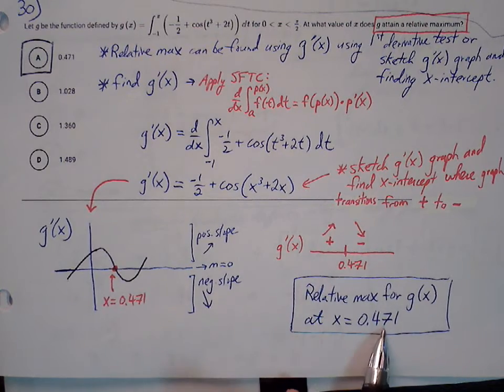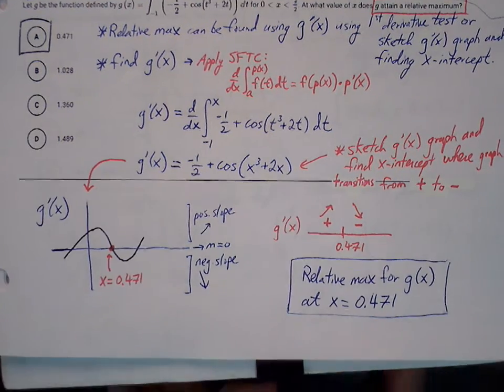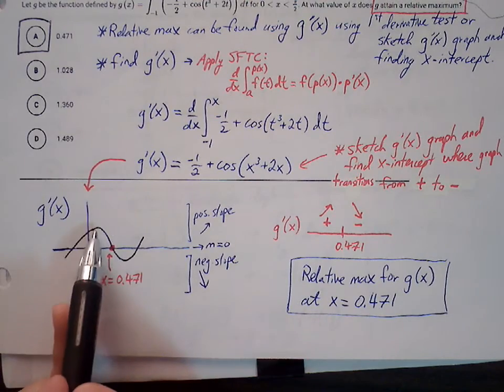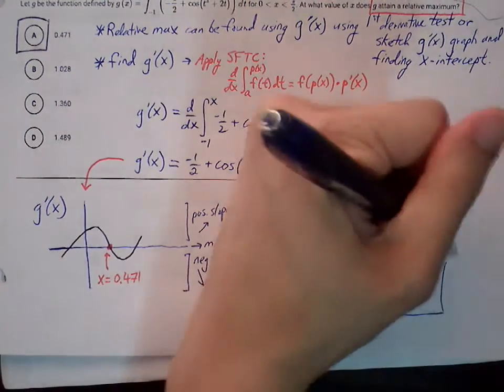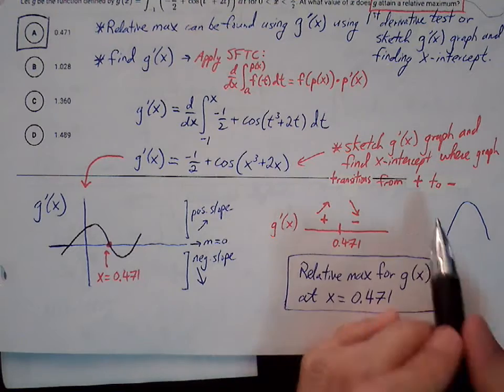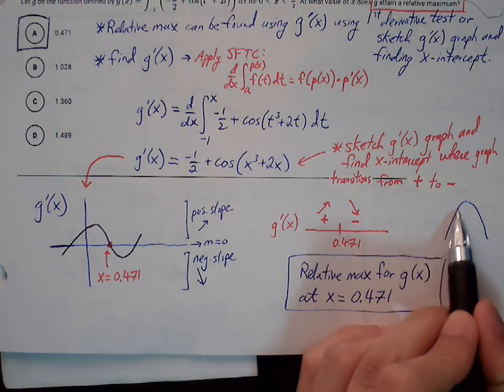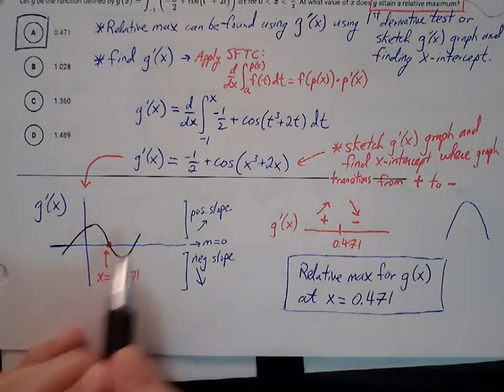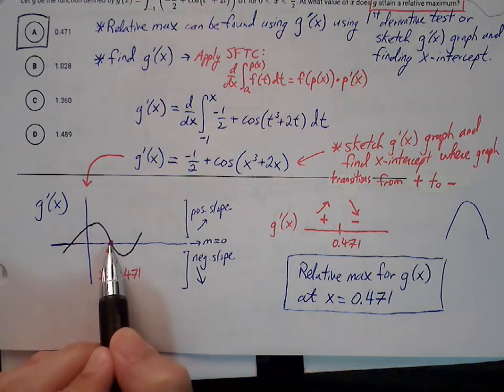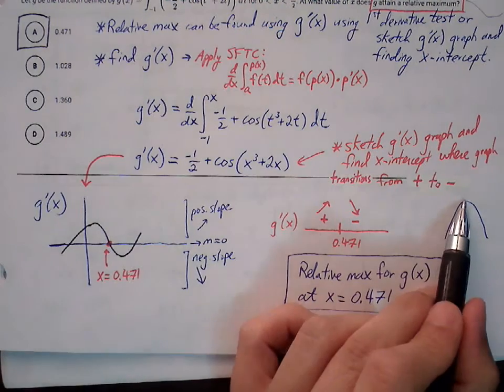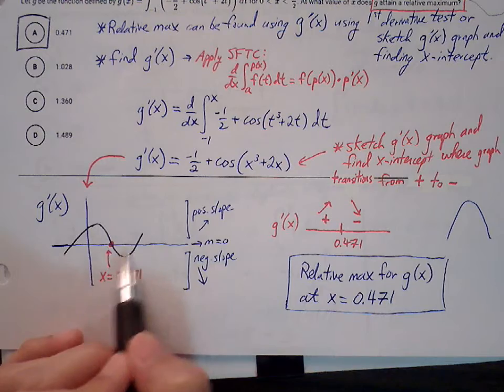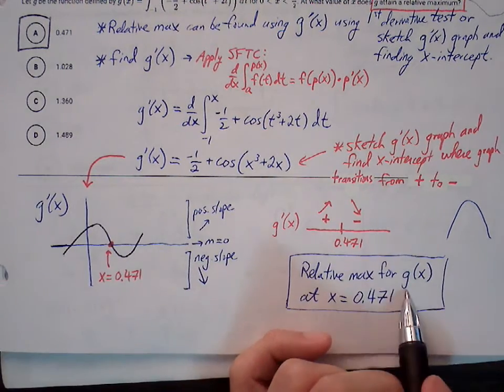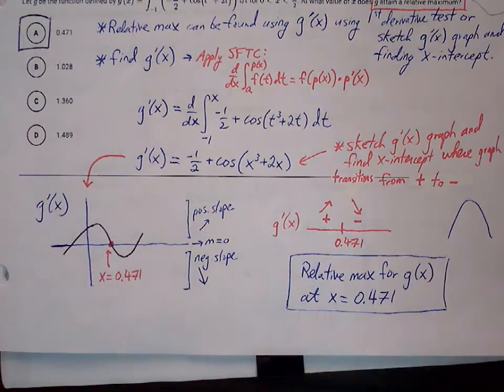So the relative max is going to be at 0.471 because the slope changes from positive to negative, right? If we look at a relative maximum, the slope goes from positive, which is shown here, to a slope of 0, that's here, and then negative slope to the right of 0.471. Okay, so answer choice A.